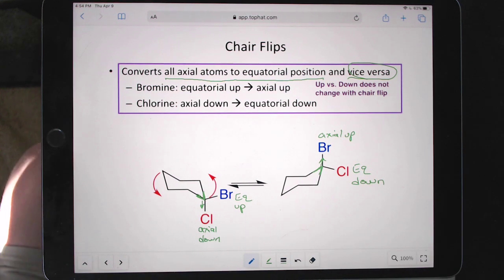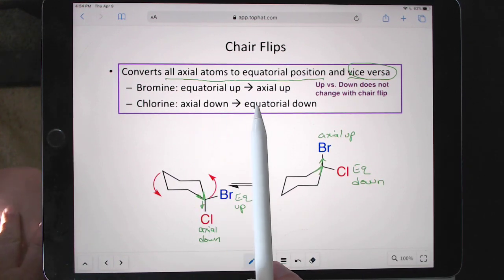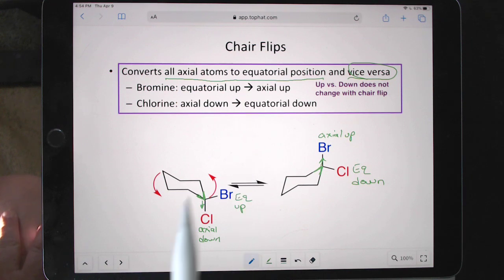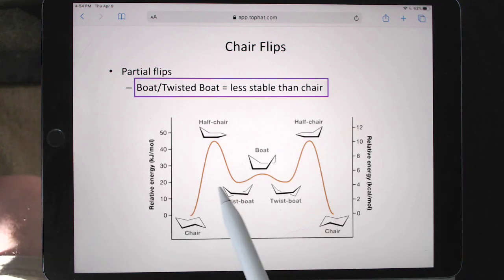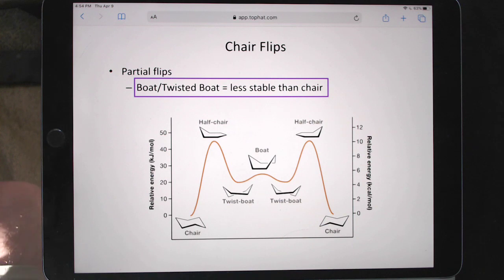So the axial and equatorial flip, but the up and down don't after a chair flip. Now you can get partial flips. These are the boat structures, and all you need to know is that boat, twisted boat, whatever, except for some very weird exceptions, the chair structure is always going to be more stable than a boat structure.